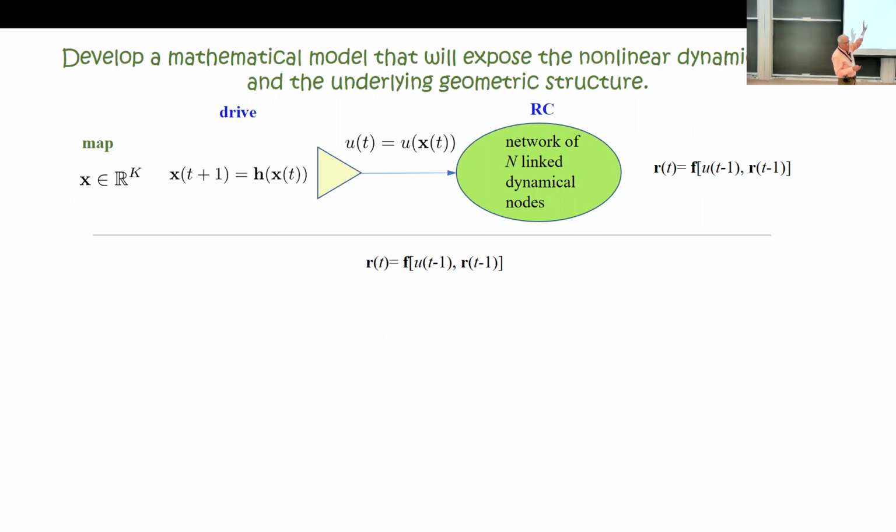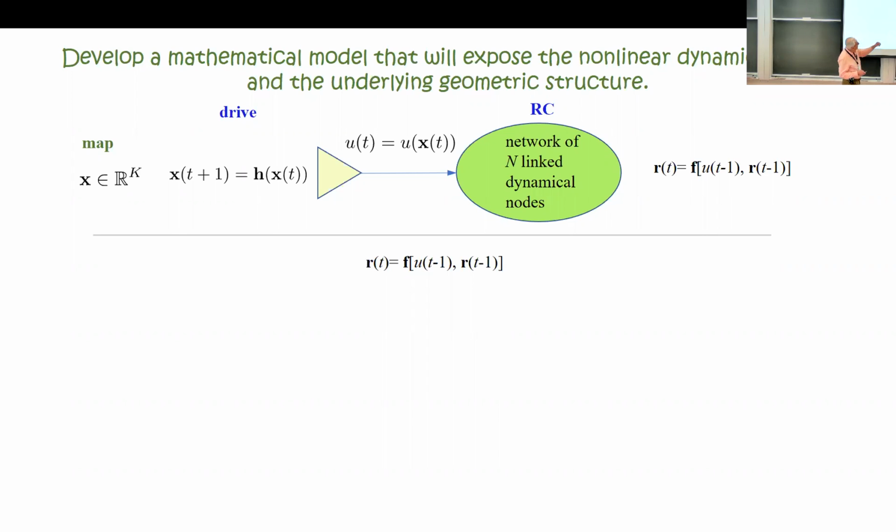So if we take an input, let me use a kind of simple iterated map here. And so we have an input from X, a dynamical system X, which by the iterated function H moves to the next time step. And then we take some function of that. We could just take a component of X, the first component or whatever, and we drive a reservoir computer with that.